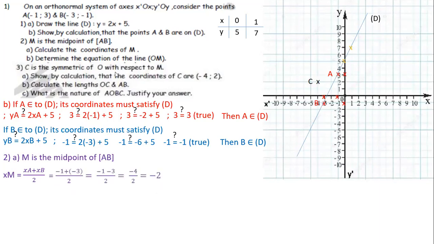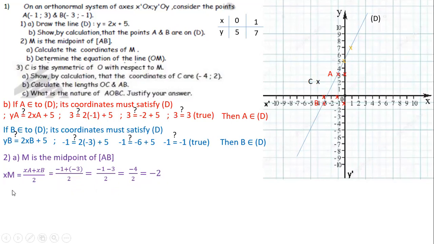We replace it in this way, -1 plus (-3), between parentheses since we have two signs after each other. Now positive times negative is negative. So -1 -3 is -4. Now -4 over 2. Every fraction we get should be reduced if we can. So -4 over 2 is -2.